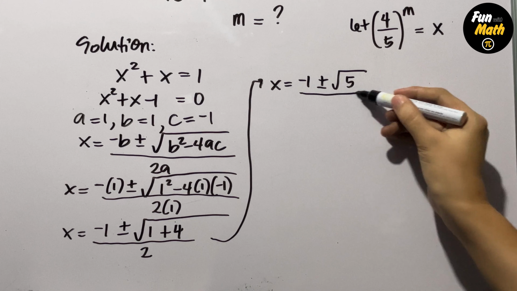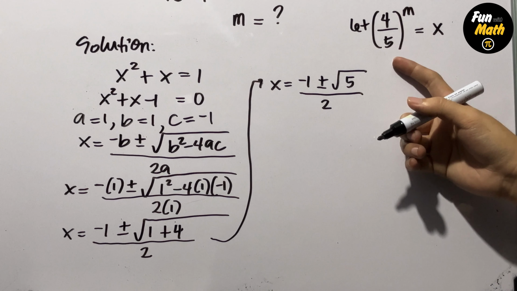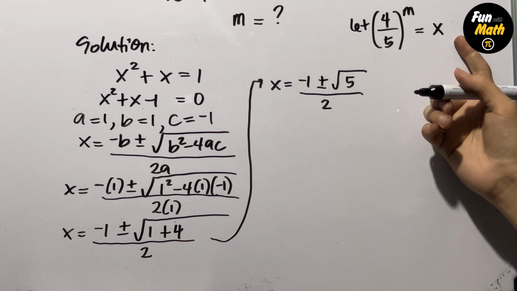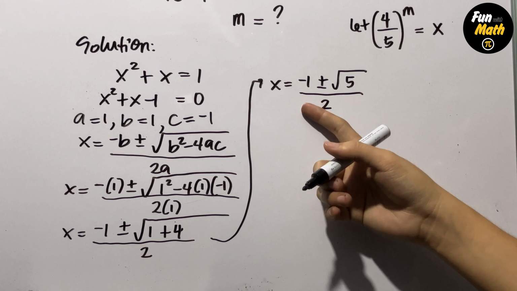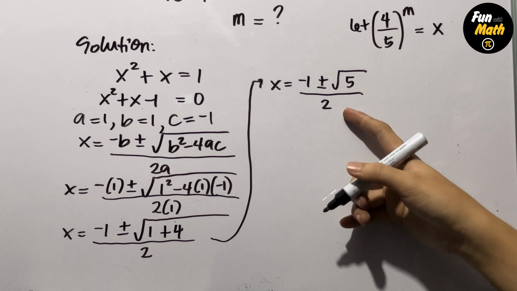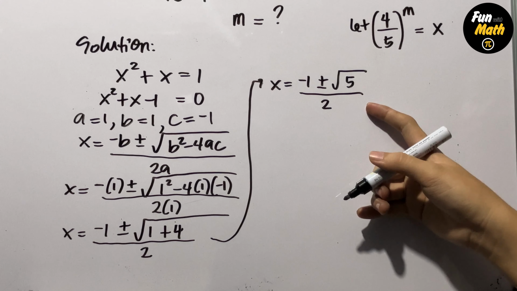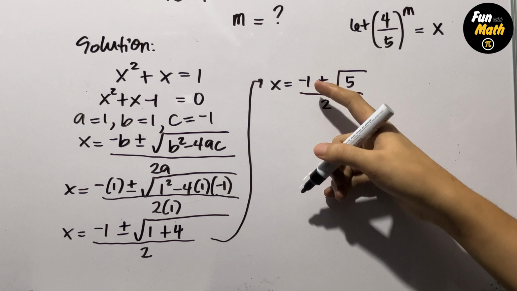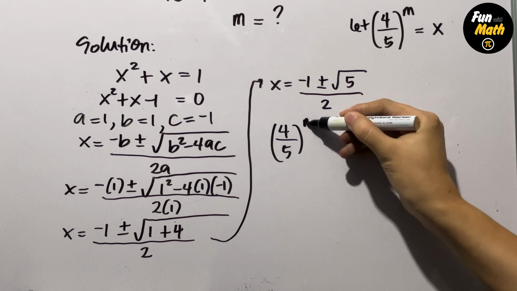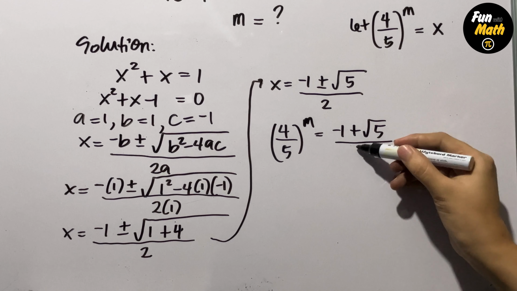Now for this, since we let 4 over 5 whole to the power of m be equal to x, we can use this to get the value of m. So we have the first value, which is negative 1 plus square root of 5 over 2. We don't include the negative because this is a complex solution. So only the positive. So we have 4 over 5 whole to the power of m equals negative 1 plus square root of 5 over 2.